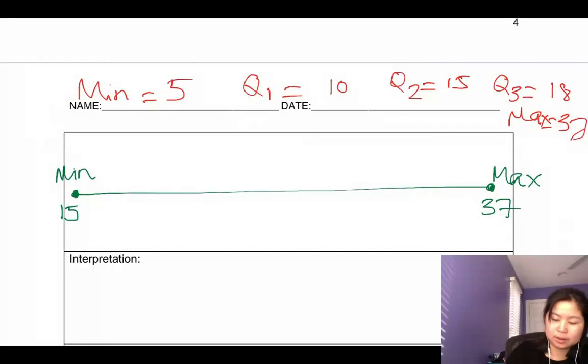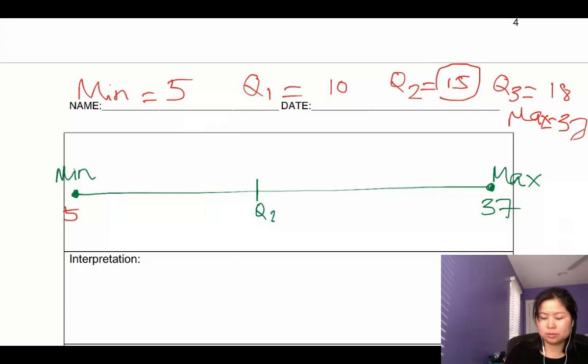The minimum is 5. Okay, so the minimum is 5. So I'm going to do another three things. I'm going to do Q1. Before I do Q1, let's do Q2, which is somewhere along in the middle, close, a little bit lower.